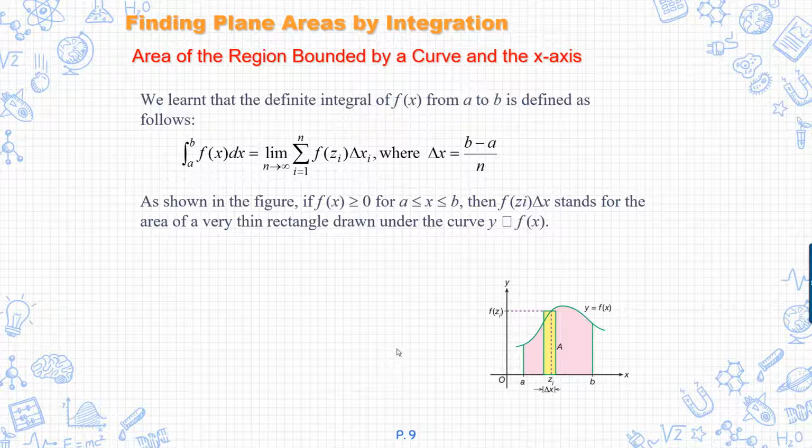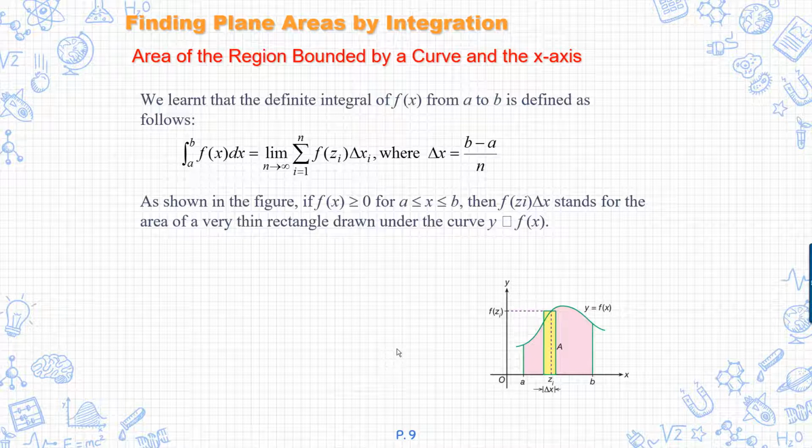That means the Riemann sum was the limit as n approaches infinity of the sum from i equals 1 to n of f(zi) delta x, where delta x was the width of the elementary strips we considered, that was (b minus a) divided by n, and this was very small.